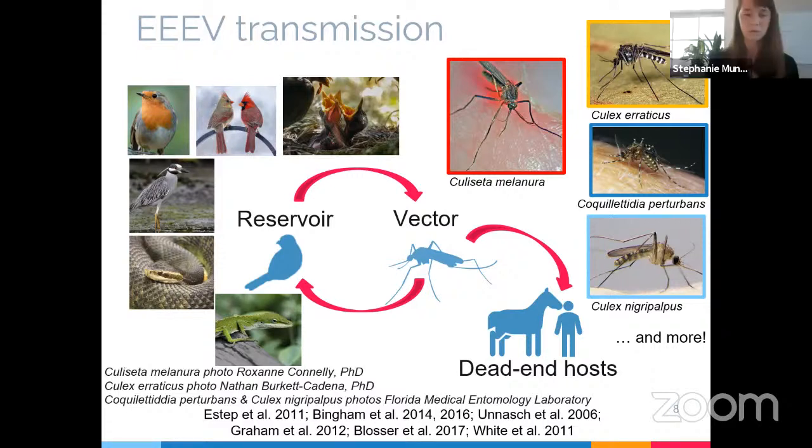Similarly, anoles, when they become really abundant in the springtime, are also competent hosts, so they can have virus and transmit it to the next mosquito. A lot of these mosquitoes will shift to biting anoles when temperatures warm up and these anoles come out of brumation. So there are a lot of moving parts in EEEV transmission here in Florida.